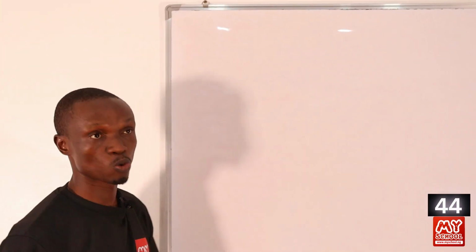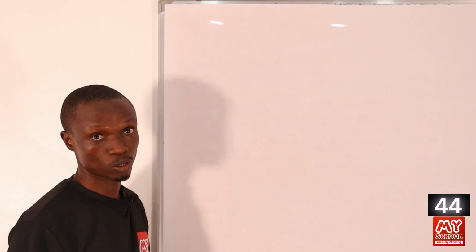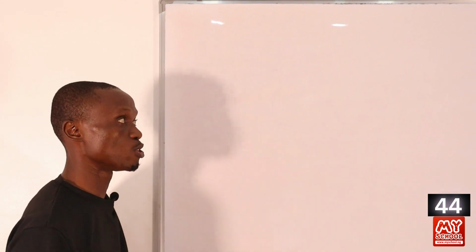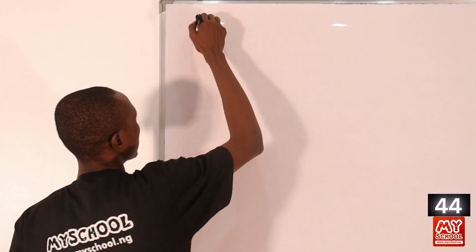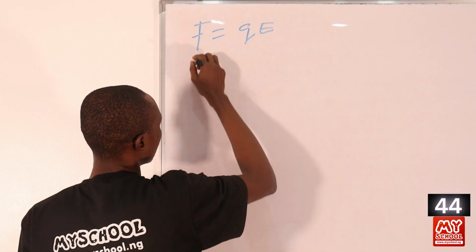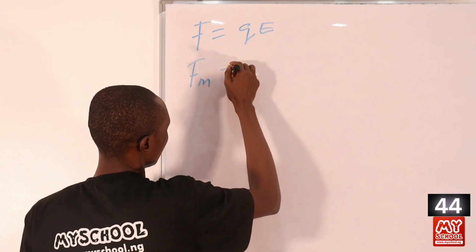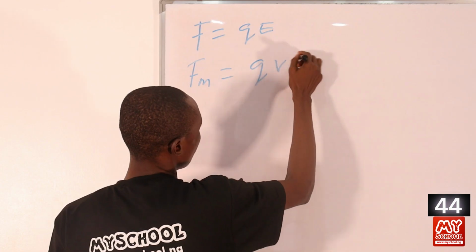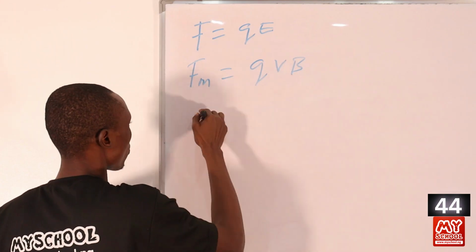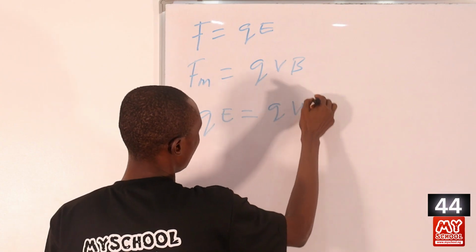For the ion to go through a combined electric and magnetic field without deflection, the magnetic and electric forces must be equal. Know that the electric force FE is equal to QE, while the magnetic force, let's represent it with FM, is equal to QVB. Since both of them are equal, we have QE equal to QVB.